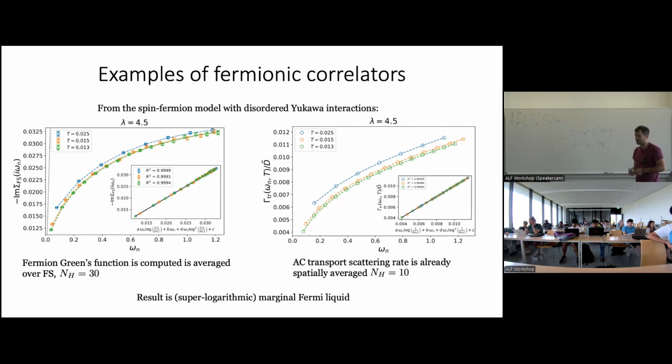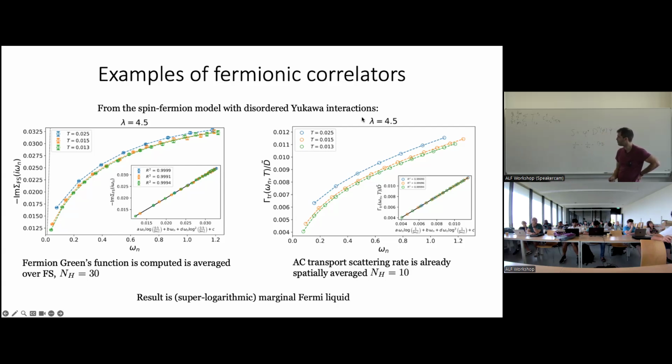I see. Another question from Afar. Is there a way to evaluate the effective mass here? Do you get resistivity which is T log T or just T? Here I'm only showing the AC data. To get the DC data, you need to do some extrapolation to zero frequency. We do.